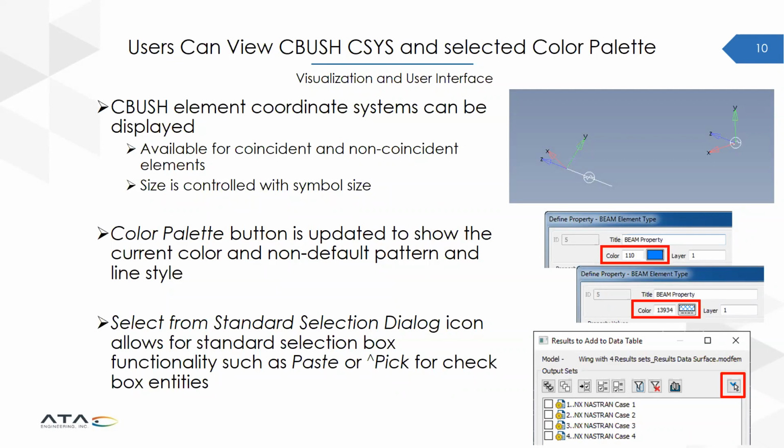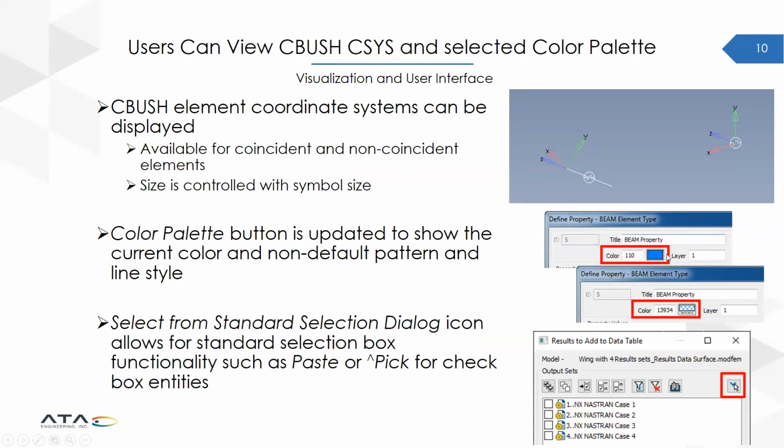Now it's available for both coincident and non-coincident spring elements, and the size is going to be controlled with the symbol size. Next up, the color palette button has been updated to actually show the current color, as well as any non-default pattern and line styles. Over on the right-hand side, I have an image of editing a property. Previously, we had color, and we can type in our numeric code for that color.